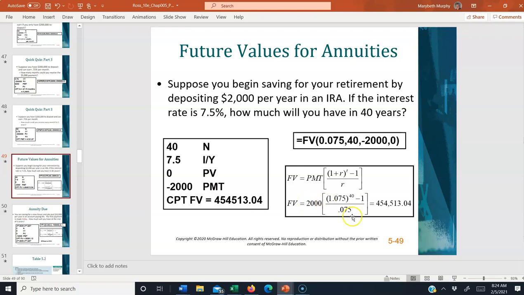And for this particular example, the future value is equal to the payment, which is 2,000, times 1.075, where 0.075 is the interest rate, to the 40th power minus 1, divided by 0.075, which is equal to 454,513.04.